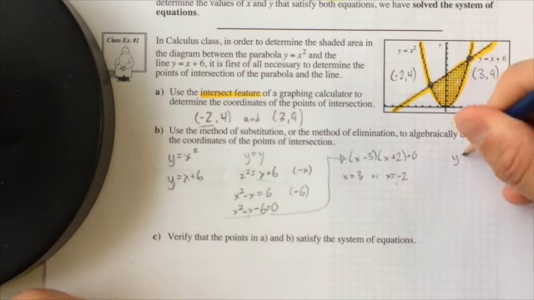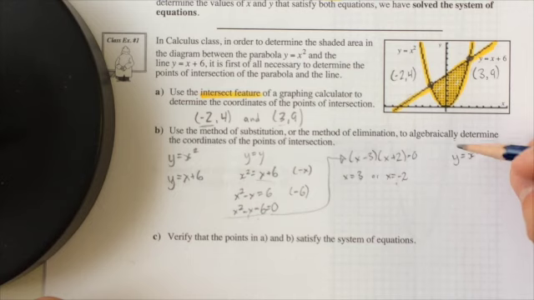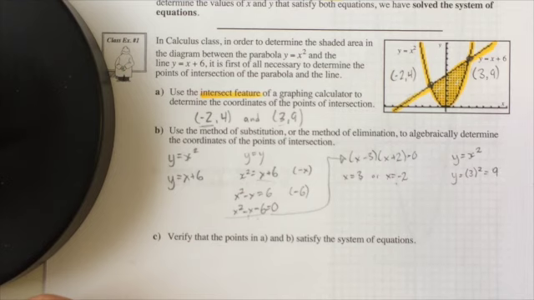So if y is equal to x squared, then I want to plug in my value for x. Y is equal to 3 squared, and that is equal to 9. So when x is 3, y is equal to positive 9.